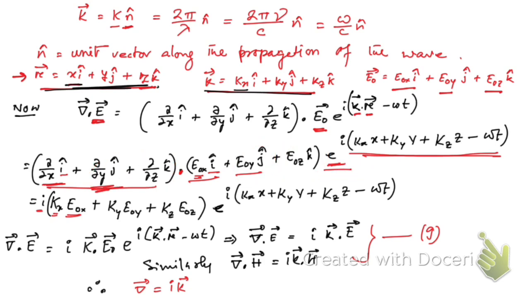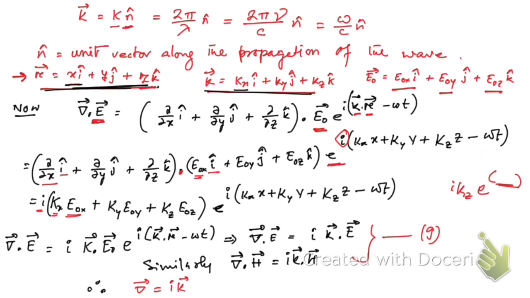Hope you have understood this. So when you differentiate this with respect to z, then i kz will come out, i kz e to the power, again whatever the power is here, that's what we're going to have. Okay, so hope you have understood this, right?